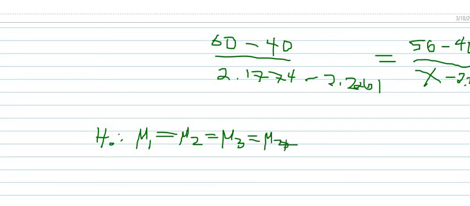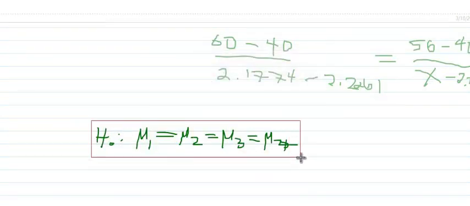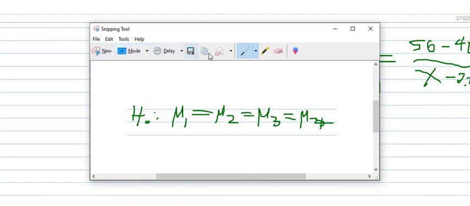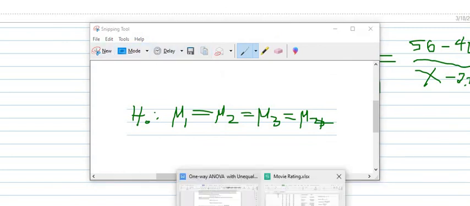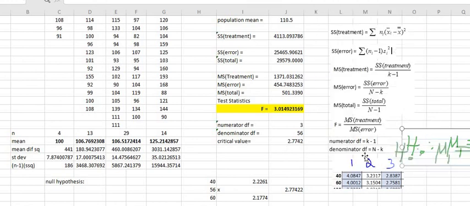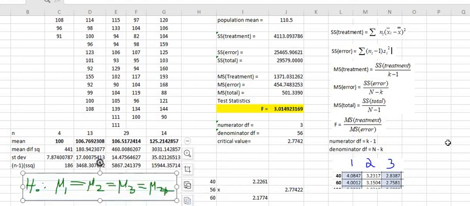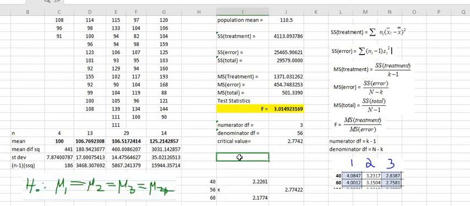So that will be our null hypothesis. Okay, so copy. And then I will paste it here in our Excel. So, our final answer is to reject the null hypothesis.